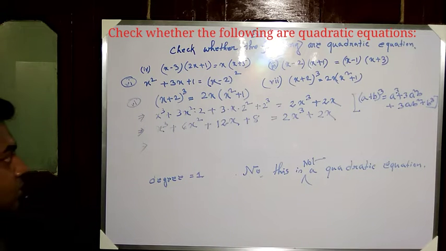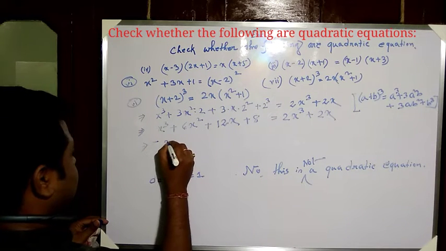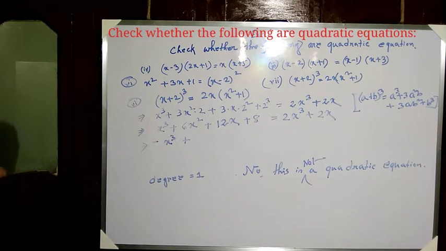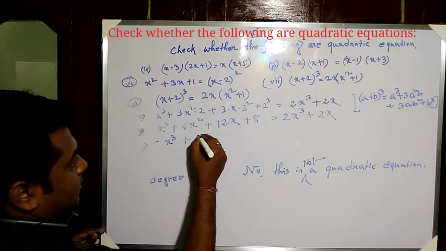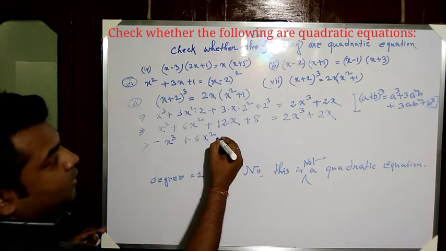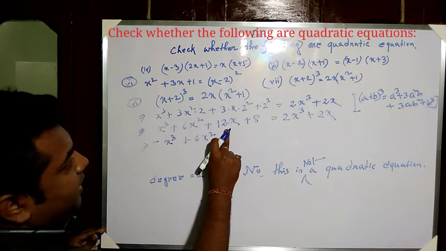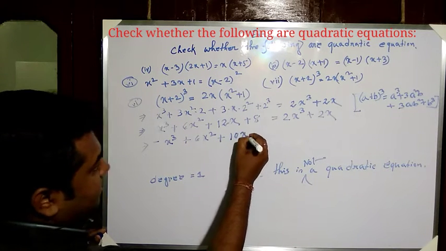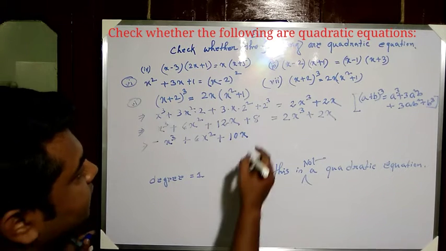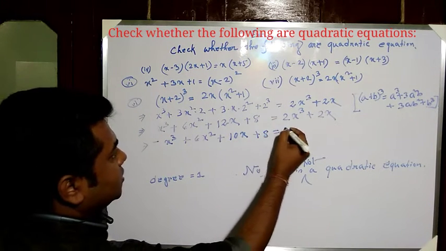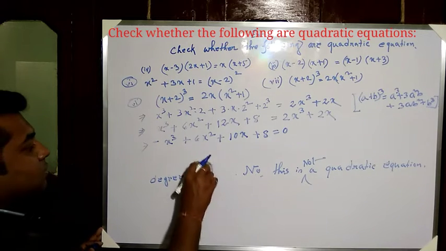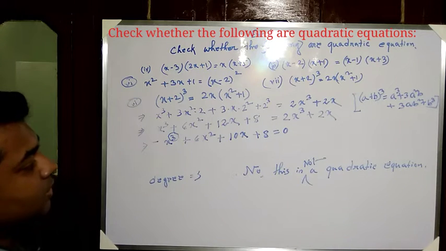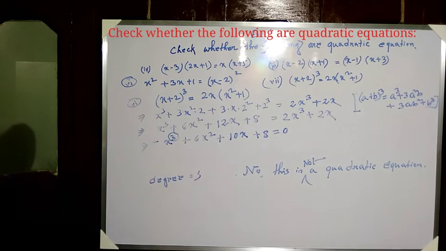So you can write here minus x cube plus 6x square, then 12x minus 2x equals to plus 10x plus 8 equals to 0. So here degree equals to what? 3. Highest degree 3. So no, this is not a quadratic equation.